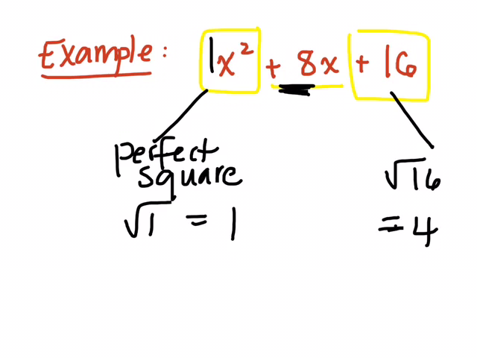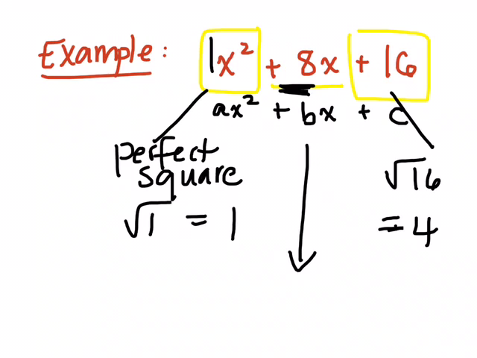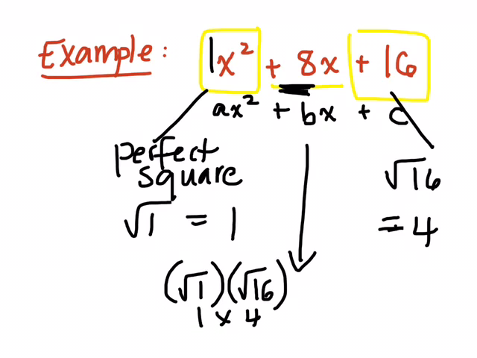What about the middle term, which we refer to as b, right? ax squared plus bx plus c. So what about b? If you take the square root of the first term, which is 1, and multiply it by the square root of the last term, so 1 times 4, and you multiply that by 2.